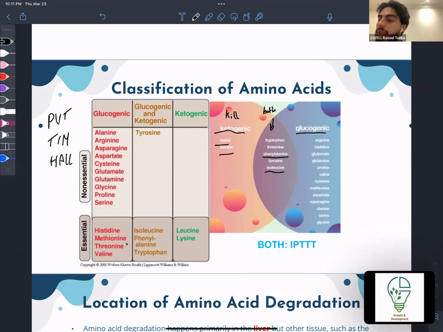And what's nice about it is that all the T's, all the amino acids, they're all both. So tyrosine, threonine, tryptophan. Okay, so if you get a question and it says which of the following amino acids is glucogenic, for example, you go over: is it leucine and lysine, ketogenic? No. Is it both? No. Then it's glucogenic for sure.